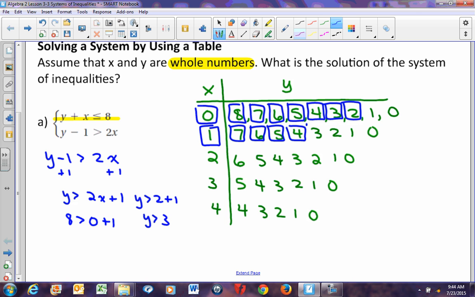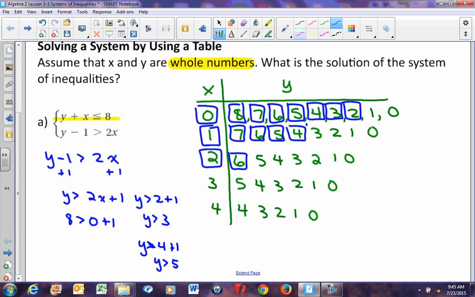If x equals 1, you get 4, 5, 6, 7. If x equals 2, I'm going to have y greater than 4 plus 1. So y is greater than 5. So that would be 6. If x equals 3, 3 times 2 is 6 plus 1 is 7. That's not on there. I am now done at this point in time.